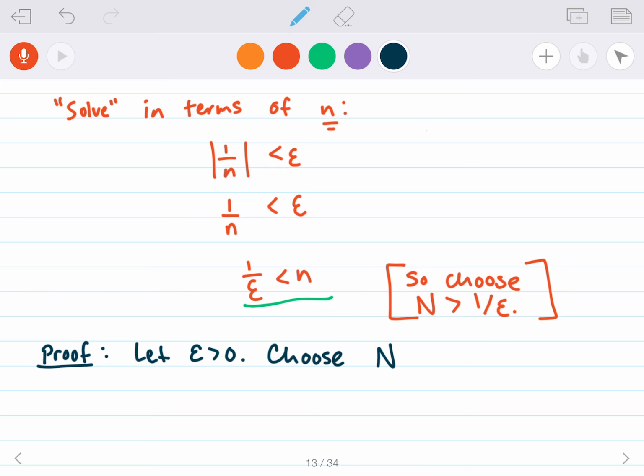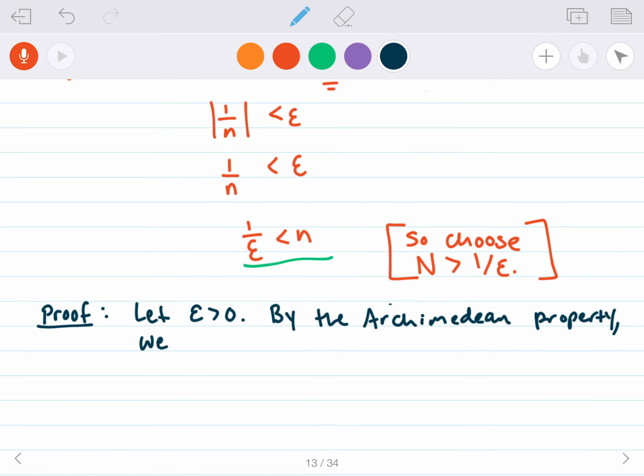Choose capital N. Actually, let me write it better. By the Archimedean property, and again, I'm going to get sloppier as time goes on, but I'm going to write it all out for now. We can choose a natural number such that, so remember what the Archimedean property said.